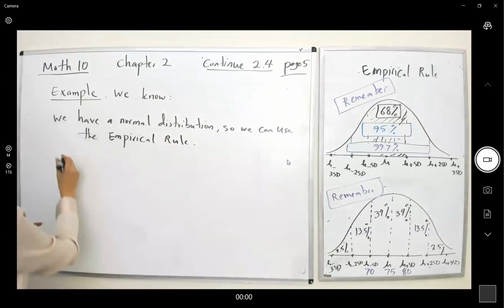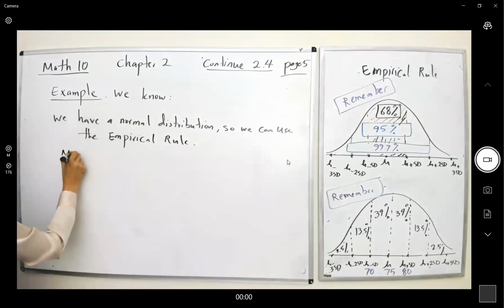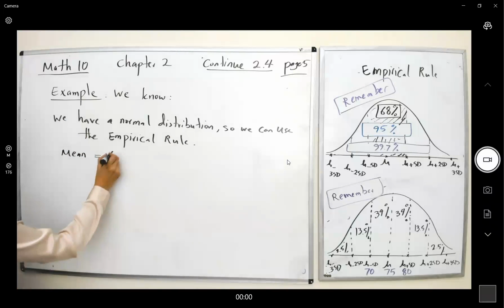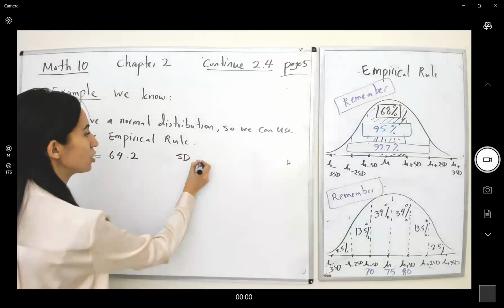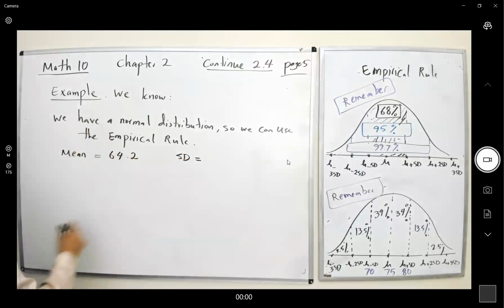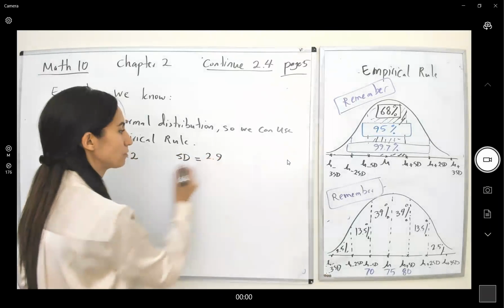Also, we know that the mean of the sample is equal to 64.2 inches, and the standard deviation is equal to 2.9 inches.